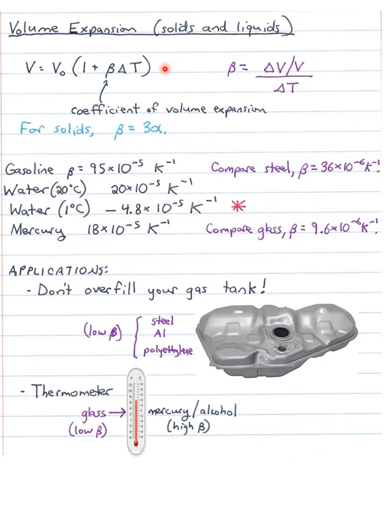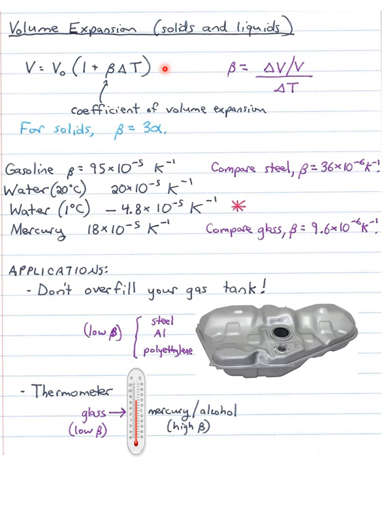So you think about it: you pump your gas, and the gasoline at the gas station is kept under the ground where it's relatively cool, particularly on a summer day, and then you put it in your car, and your car sits outside, it heats up, the gasoline heats up, and both the tank and the gasoline will expand, but the gasoline will expand more. And if there's no room for it to expand, it might overflow onto the street, creating a mess and a waste of gasoline.